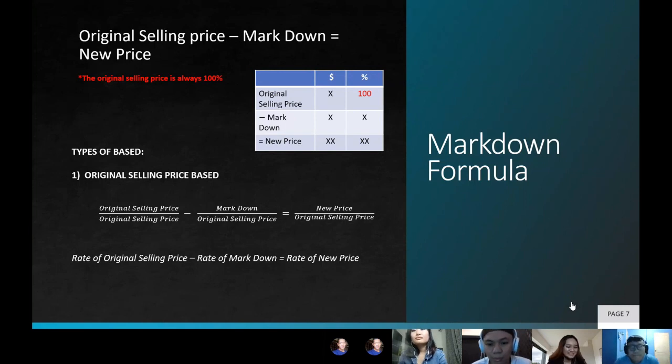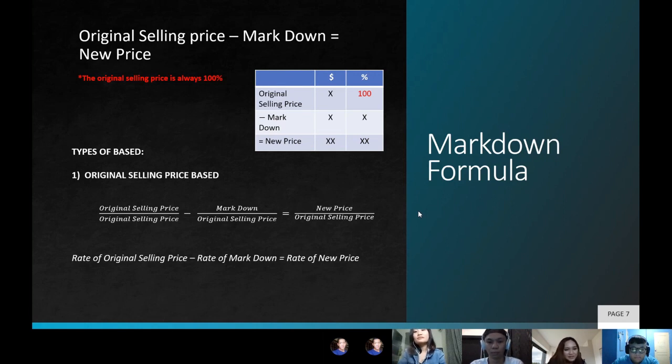There are two types of base: original selling price base and new price base. The formula for original selling price base is original selling price divided by original selling price, minus markdown divided by original selling price, equals new price divided by original selling price.